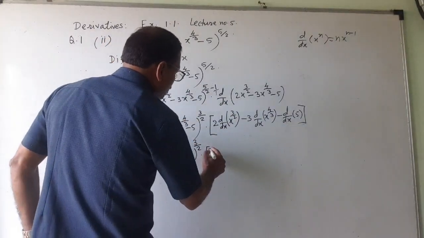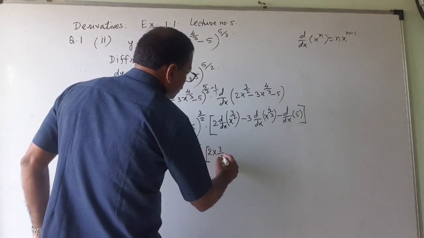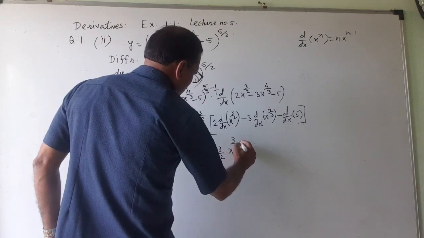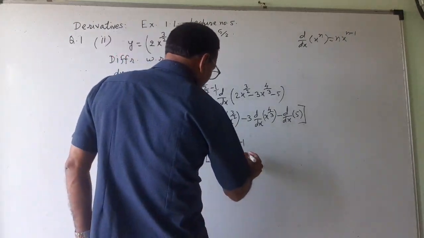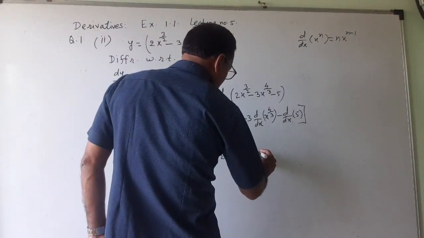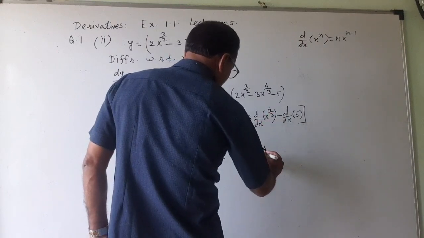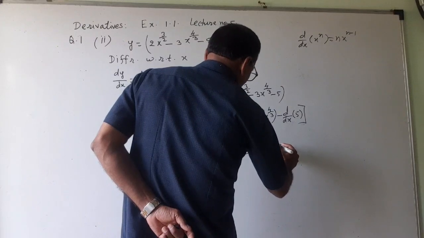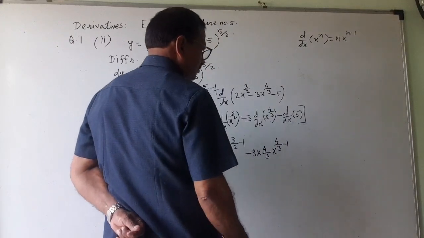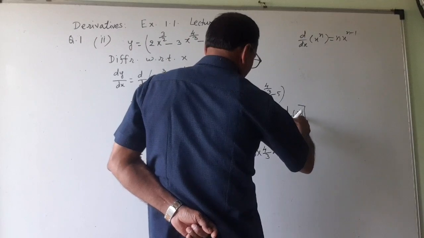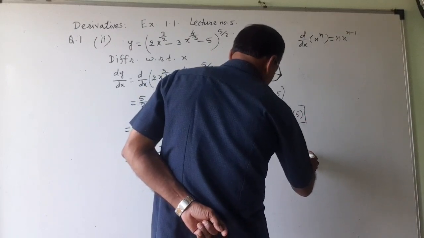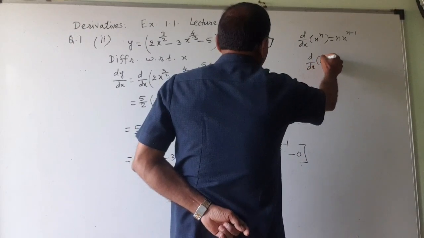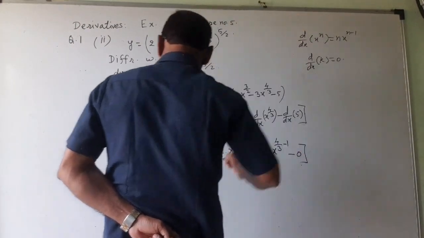So it will become 2 into 3/2 into x^(3/2 - 1), minus 3 into 4/3 into x^(4/3 - 1), minus the derivative of a constant, which is 0. d/dx of any constant k is equal to 0.